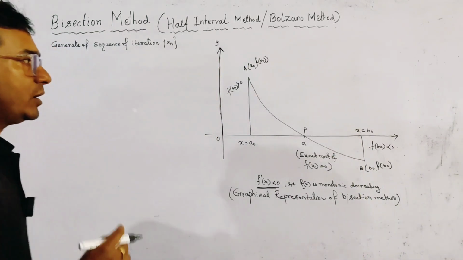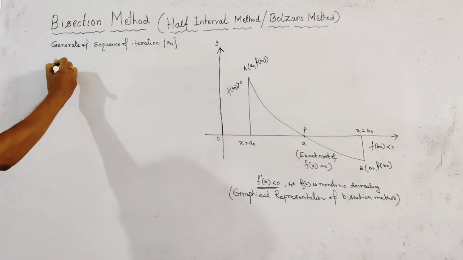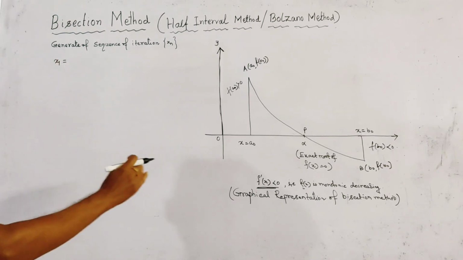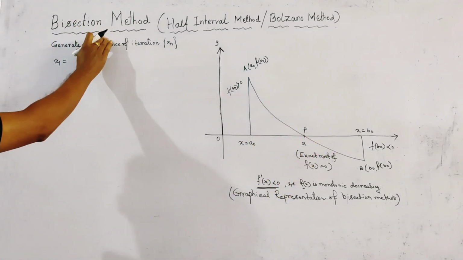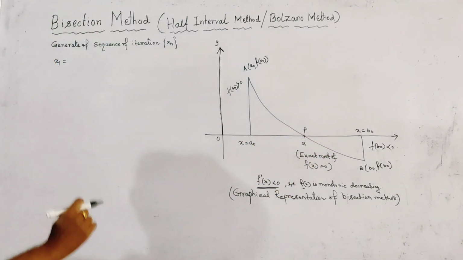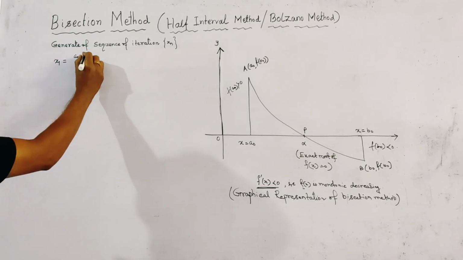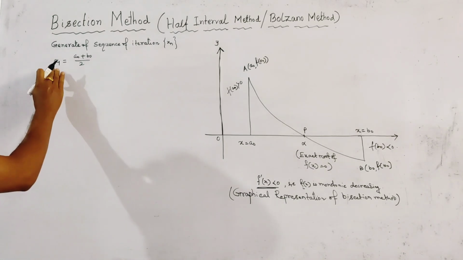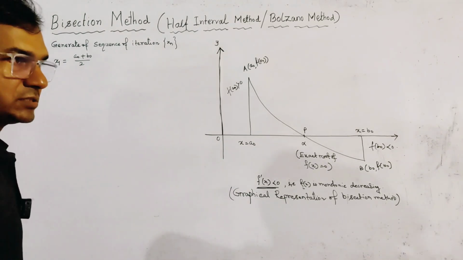Now we first find the value x1, which is given by bisecting the interval [a0, b0]. For this reason the method is known as the method of bisection, and x1 is given by (a0 + b0)/2. We mark x1 on the x-axis.